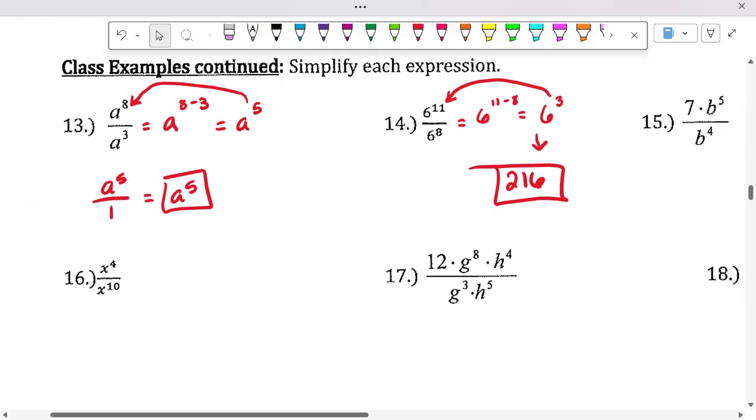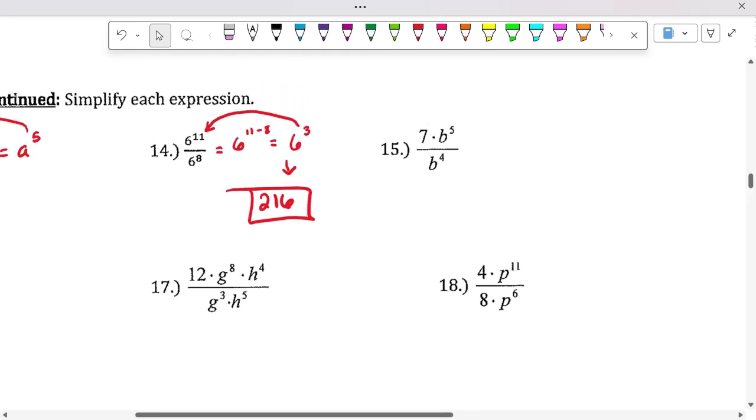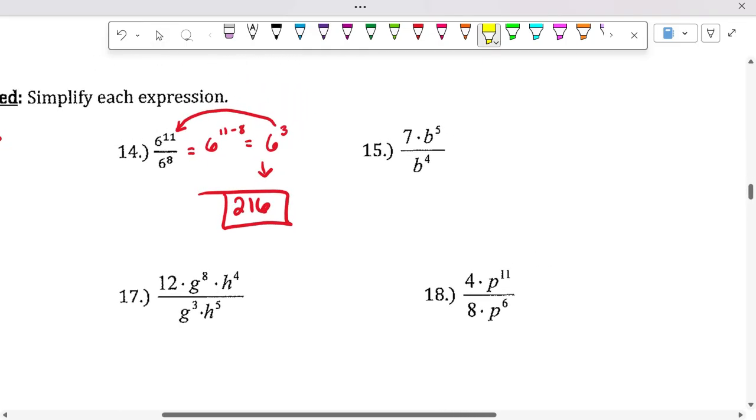All right. Now, 15 is a little bit different. So, the 7, since it's by itself, it's technically being divided by 1. You always divide the coefficients like normal, just like how I said you always multiply the coefficients. So what's 7 divided by 1? 7.